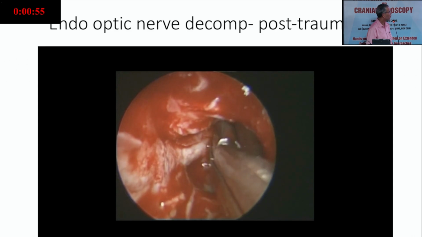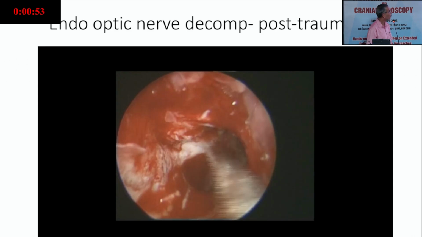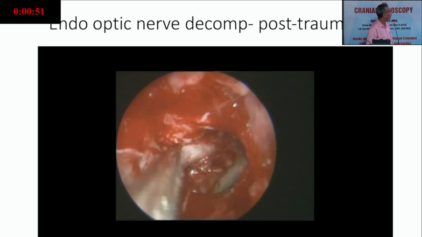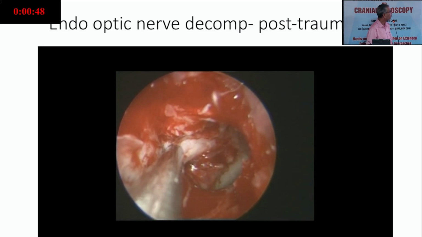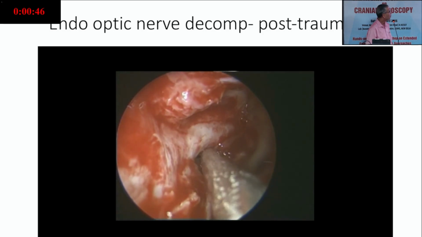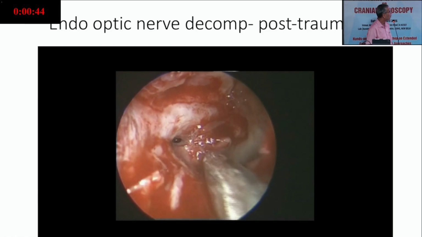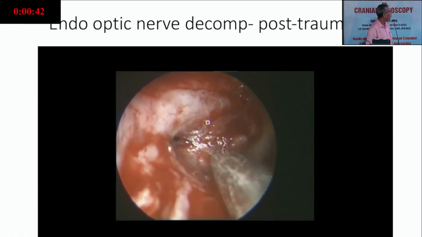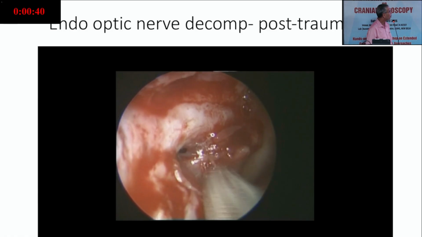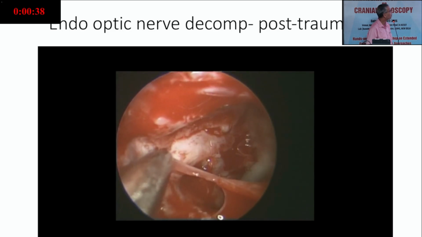So again, few more bony fragments are being taken off. So rest of the mucosa is not touched much.